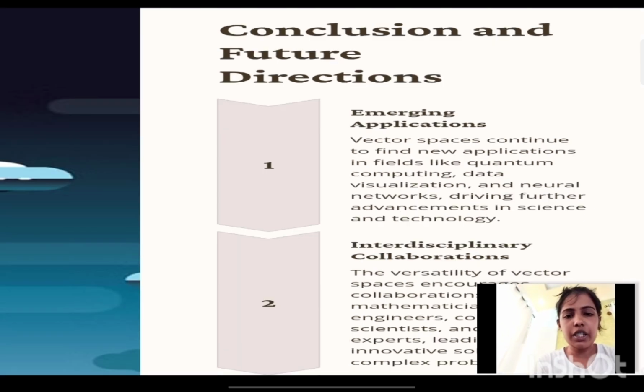The conclusion and future directions are emerging applications and interdisciplinary collaboration. The vector space continues to find new applications in fields like quantum computing, data visualization, and neural systems. Vector spaces are also a collaboration between maths and physics, with scientists exploring further advances.